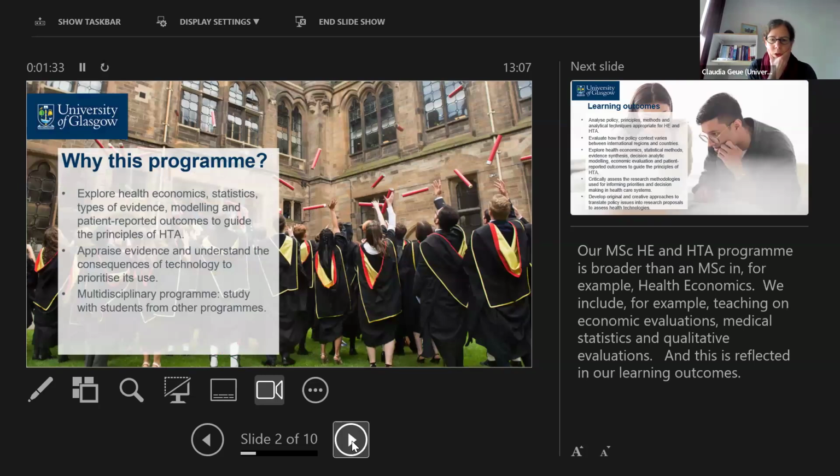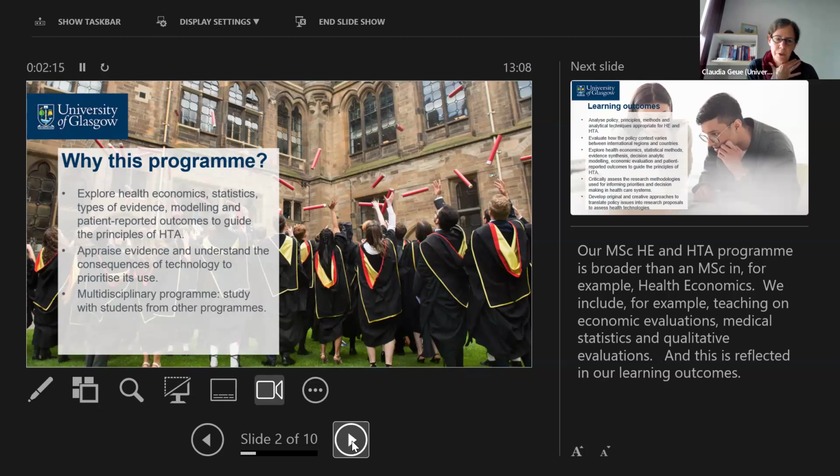And so maybe just a couple of slides to tell you a little bit about the program. So in health economics and health technology assessment, we basically explore health economics, statistics, types of evidence, modeling, and patient-reported outcomes to guide principles of health technology assessment and to help with decision making in health technology assessment.